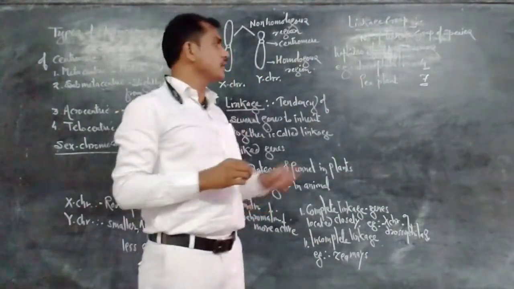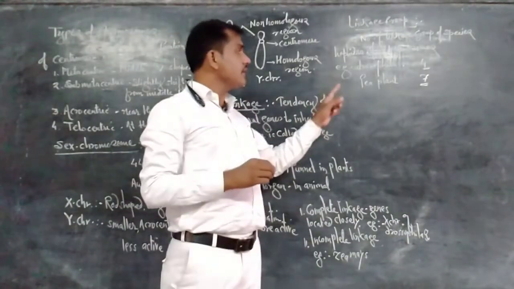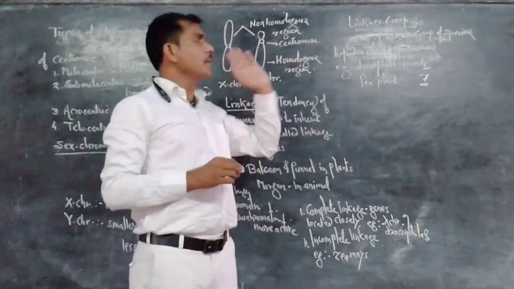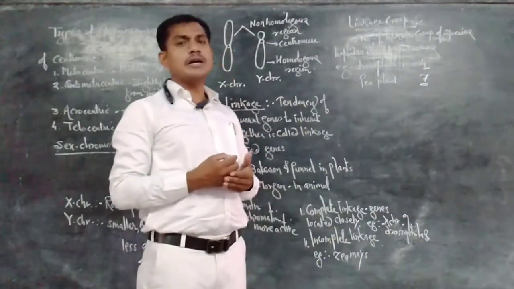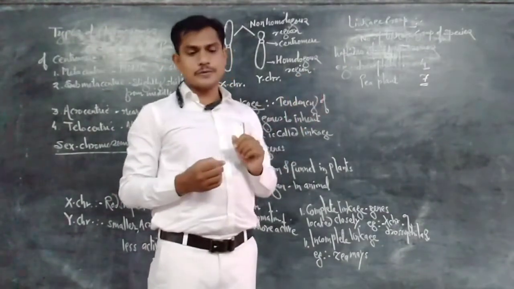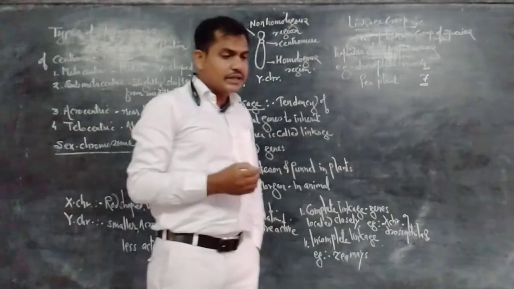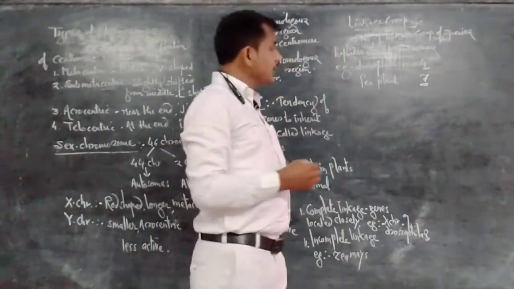So the number of linkage groups in a species corresponds to the haploid number of chromosomes. This is about linkage and linkage groups.